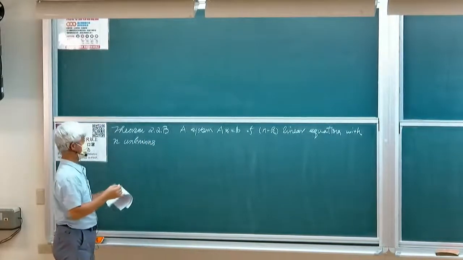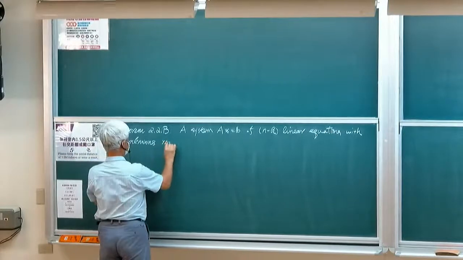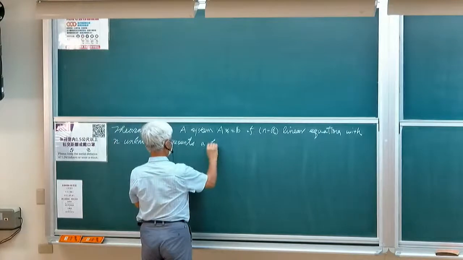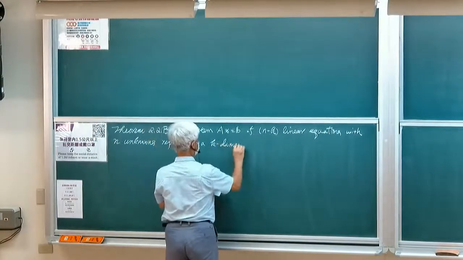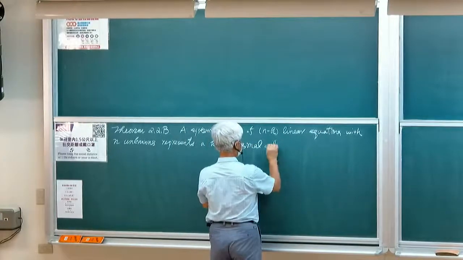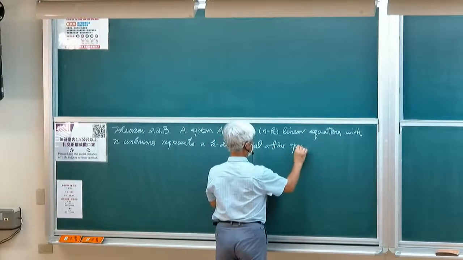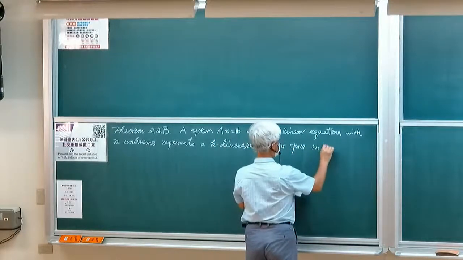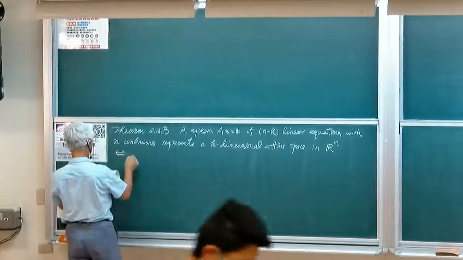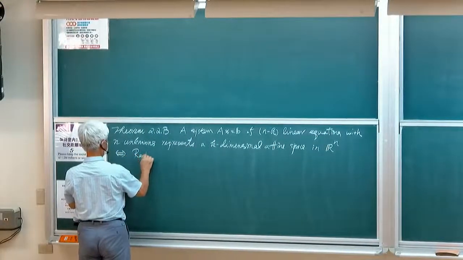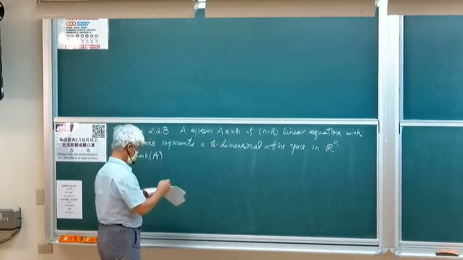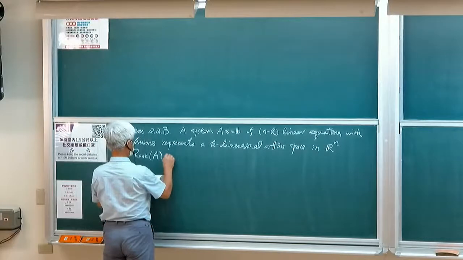Such a system represents a k-dimensional affine space in Rn if and only if the rank of A, the rank of the coefficient matrix, is equal to n minus k.